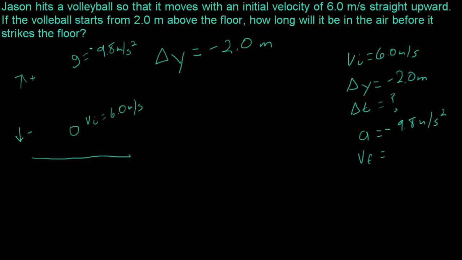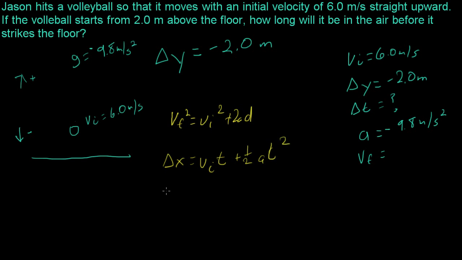Alright, so I'm trying to model appropriate problem solving here. I start out by drawing a picture just to kind of understand the situation, and then I listed all my knowns and my unknowns, because we have two unknowns right now. And so now let's go ahead and write down all of the equations that we can remember. So we've got vf squared equals vi squared plus 2ad. Okay, we've got delta x equals vit plus 1/2 at squared.